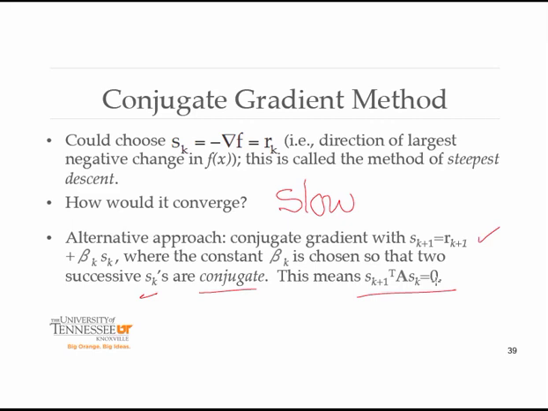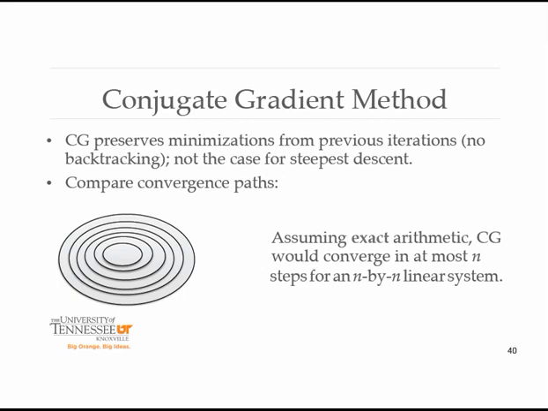So our search directions have a form where you update the residual. If you just use the residual, that's steepest descent. But we're trying to improve upon steepest descent by making our search directions conjugate, hence the name conjugate gradient. So again, the advantage of conjugate gradient is that it preserves the minimizations that you've already gotten.